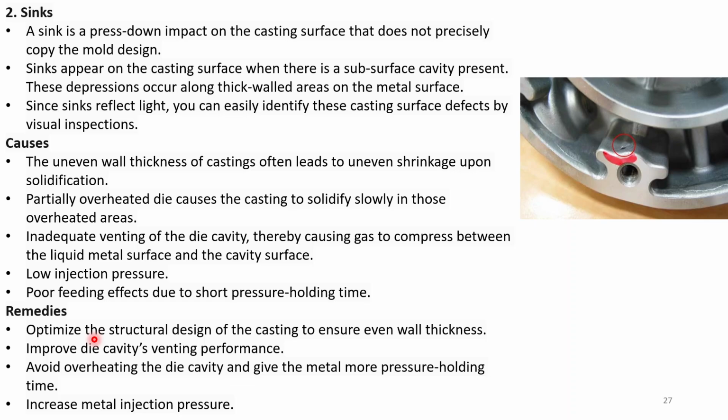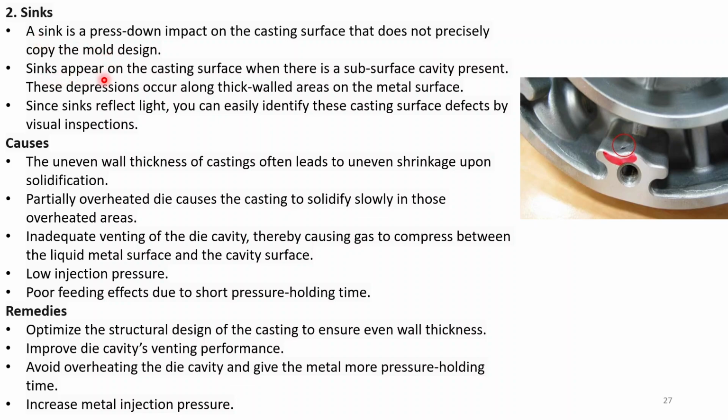Next is sinks. So a sink is a press down impact on the casting surface which does not precisely copy the mold design. So if the casting design is very complex, then it might lead to formation of sink.